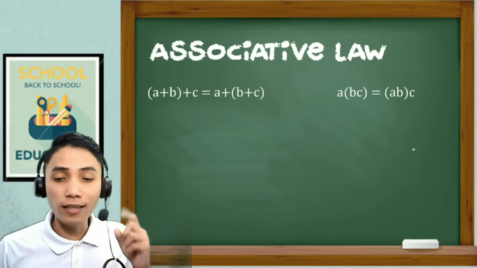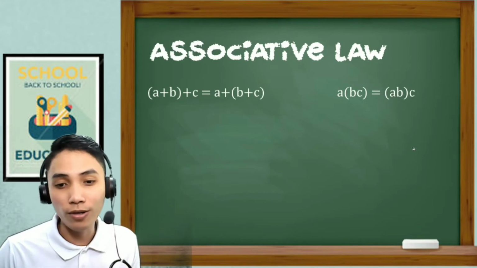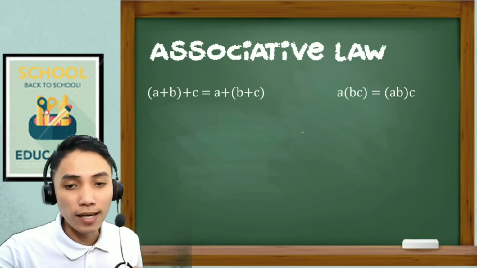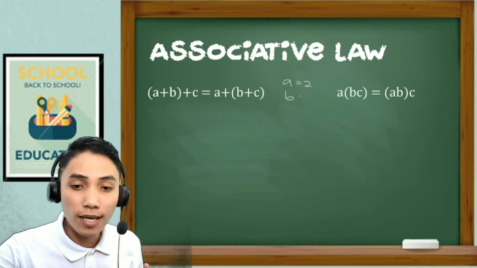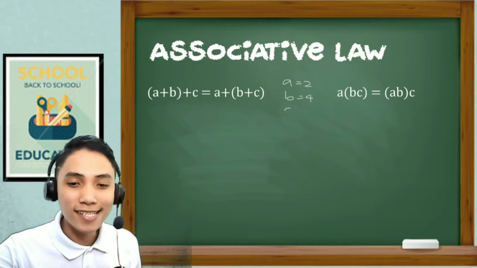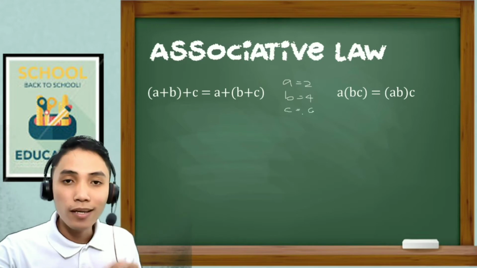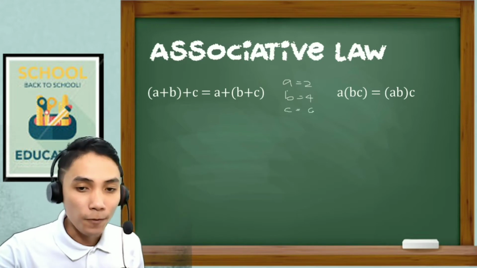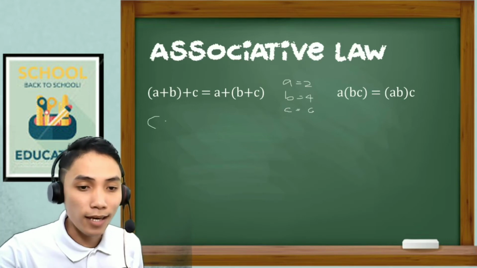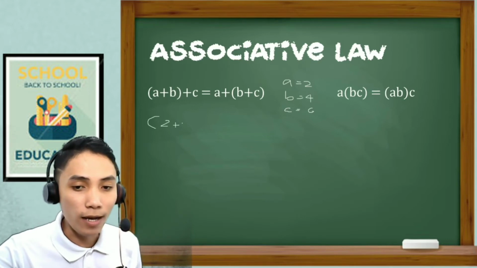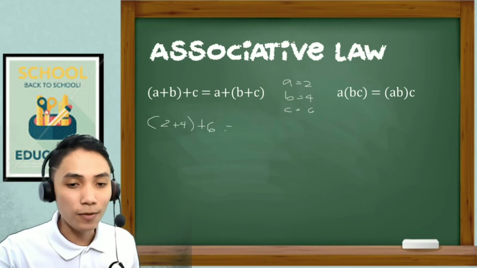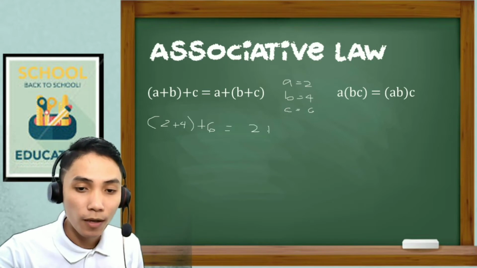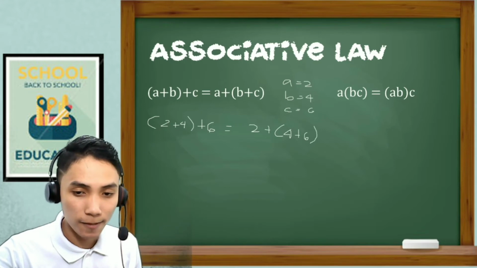Okay, so we have here the second law, which is the associative law. Now look at this one. Let's say A is equal to 2, B is equal to 4, C is equal to 6. Now let's substitute. We have here 2 plus 4 plus 6 equals 2 plus 4 plus 6.